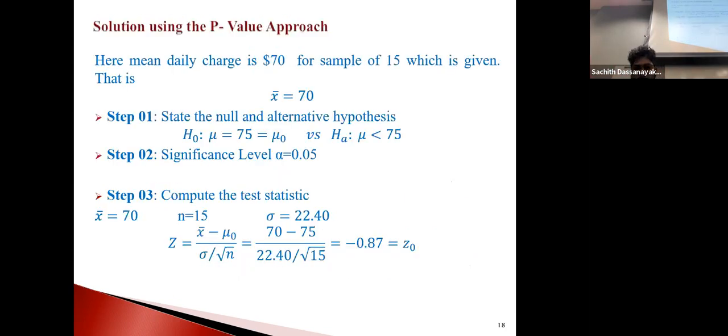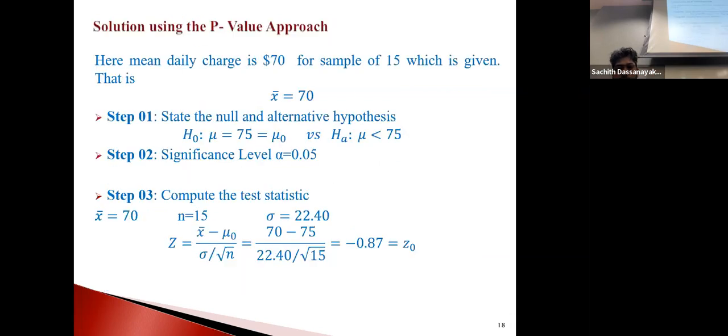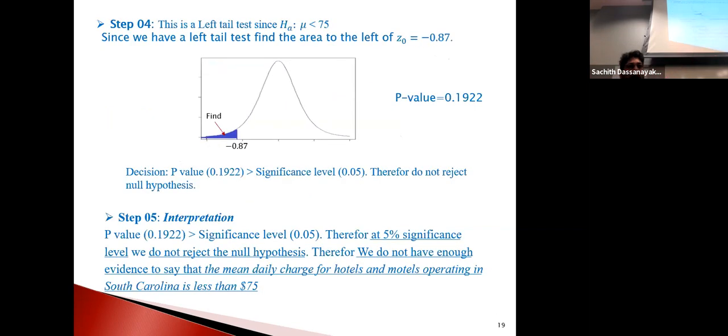If you use the p-value approach, the first 3 steps are the same. The next step is to find the probability, the p-value, of this C naught value. Convert this C naught value to a probability value. Then, according to a one tail test or 2 tail test, find your p-value.